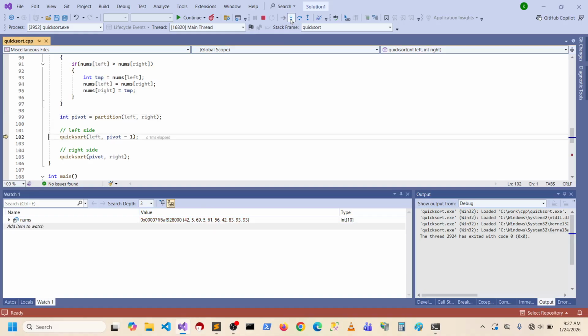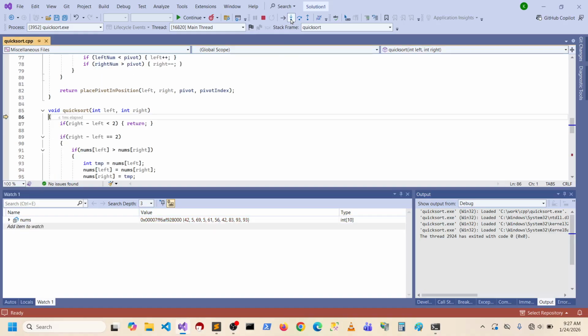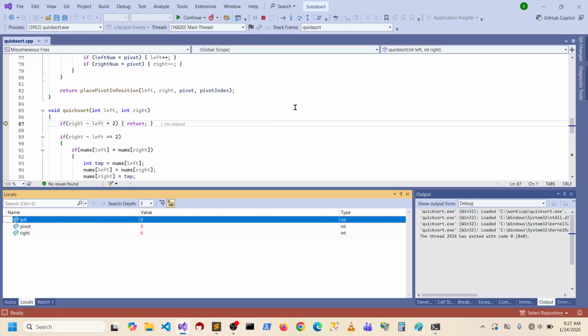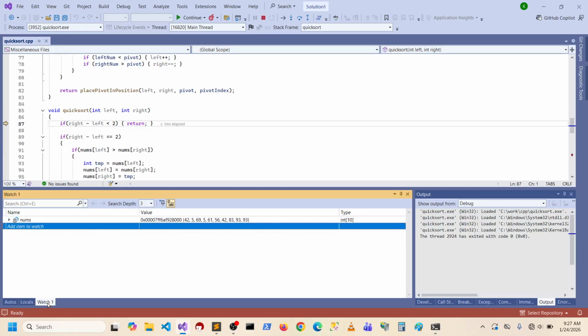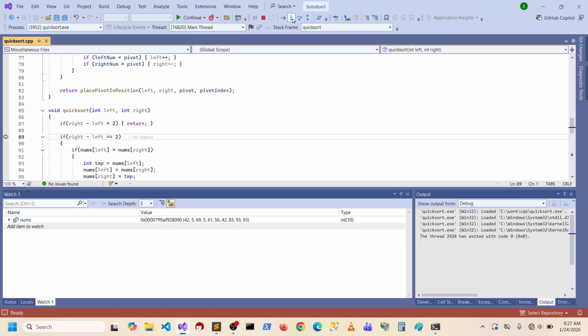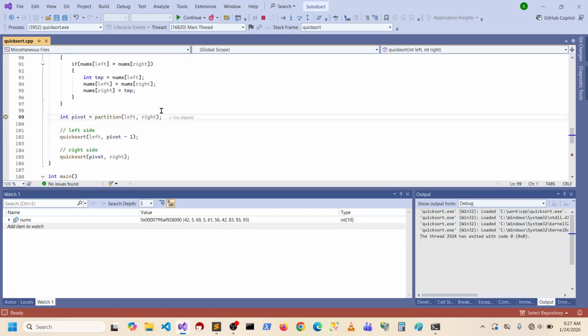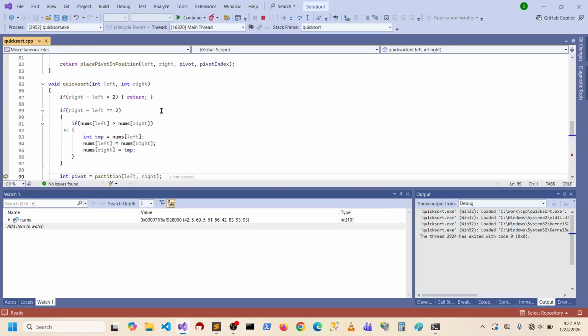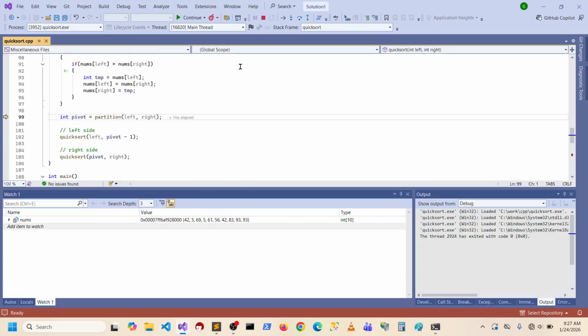So 0 and 6. 6 correct. 0, 1, 2, 3, 4, 5, 6. Yes, it is. So let's go. So what was that? Oh, okay. Let's go into our pivot.